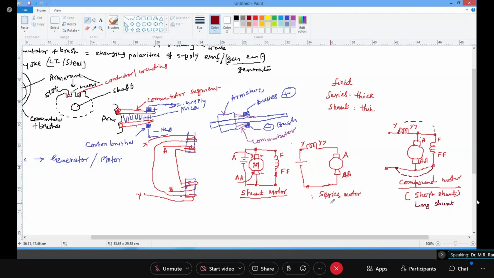Why you want different types of motor, that is the basic question you want to ask, I think. So this is about different types of motors.